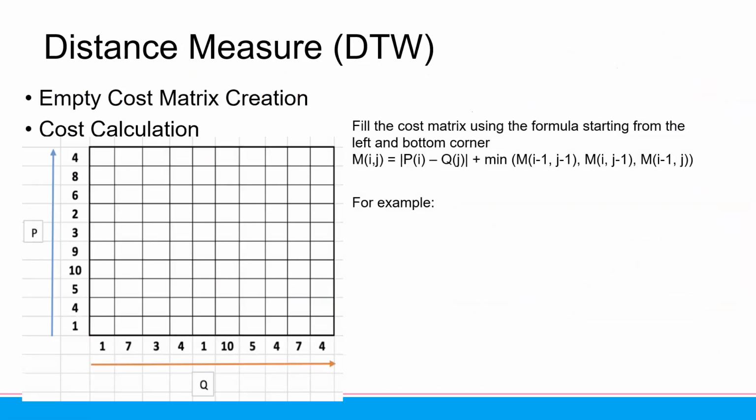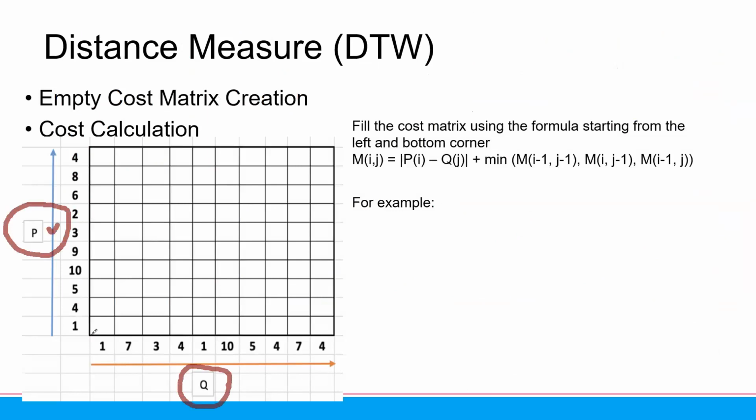First, we need to do the empty cost matrix creation. What is the empty cost matrix creation? We have P and we have Q, so we plot every data point.